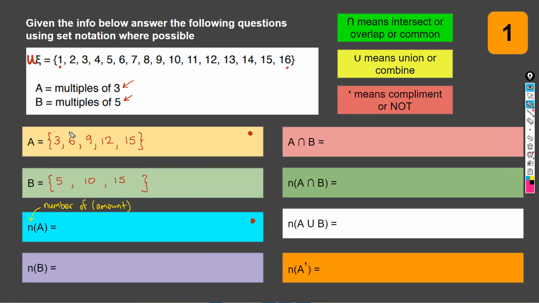We got 1, 2, 3, 4, 5. So you just have to put 5. Notice it has no commas, it has no curly brackets. So in other words, they just want you to add up how many answers we got for A. In other words, how many items are living in the answer of A.